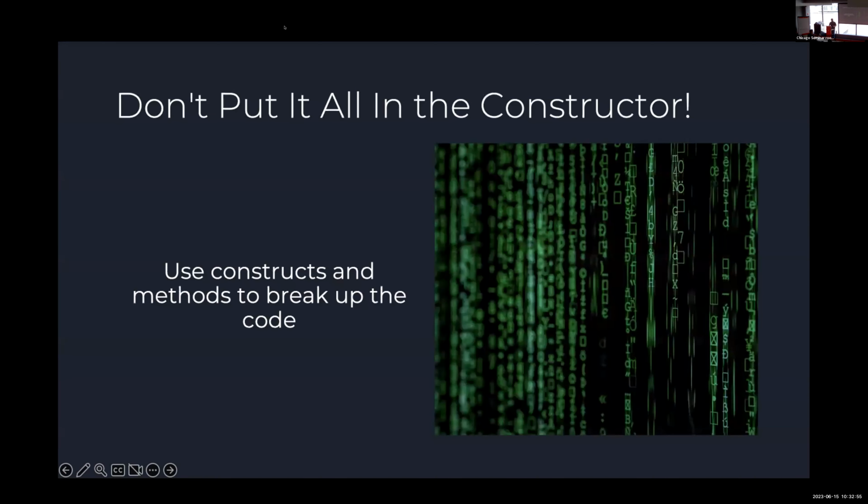So first thing to do to go beyond the introduction is don't put everything in the constructor. The CDK is made up of different kinds of constructs, and you can use those to break down your application, your framework, into a collection of resources. I have seen 2,000 line long constructors.